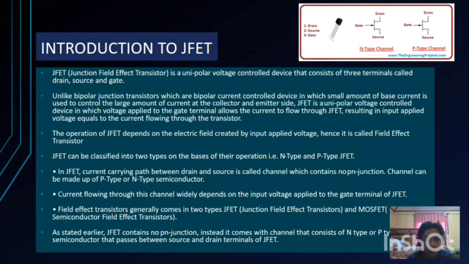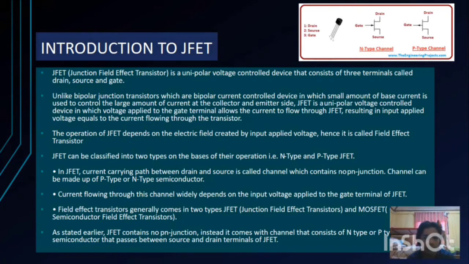Unlike bipolar junction transistors, which are bipolar current-controlled devices in which a small amount of base current is used to control a large amount of current at the collector and emitter side, JFET is a unipolar voltage-controlled device in which voltage applied to the gate terminal allows the current to flow through the JFET, so the input applied voltage determines the current flowing through the transistor.